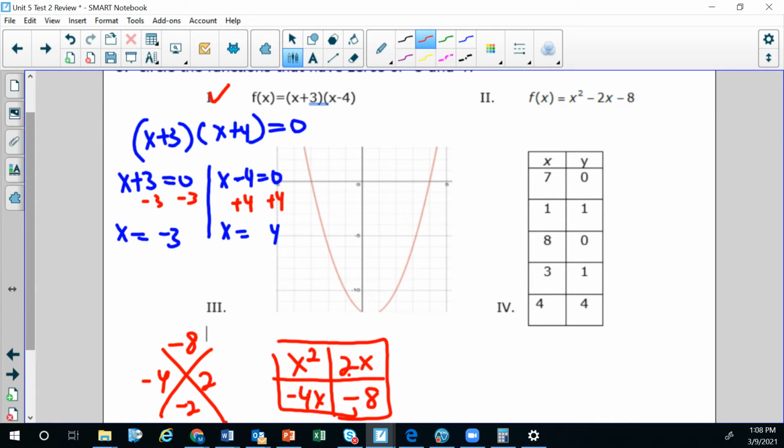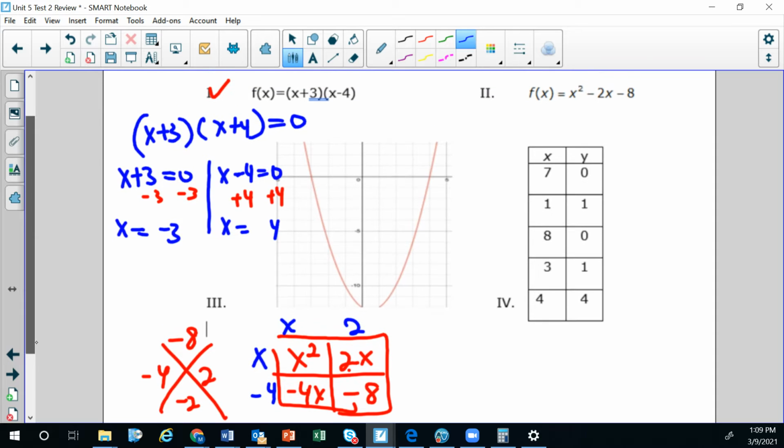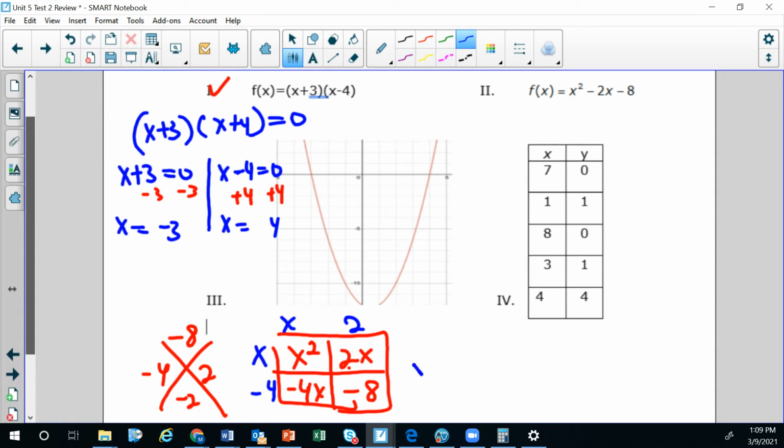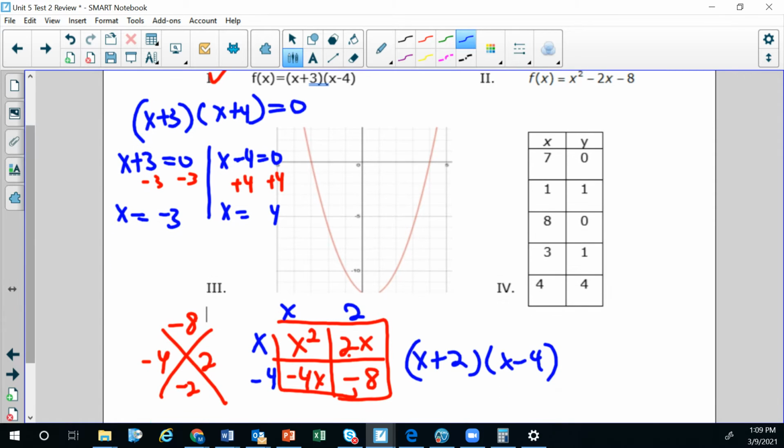My factors are going to be an x goes there, an x goes there, this is a 2, and this is a -4. So my factors are now x plus 2 and x minus 4. Well, that's not going to be 3 and -4, right, because I have a 2 here. So that's not going to work. So 2 is not going to be the answer.